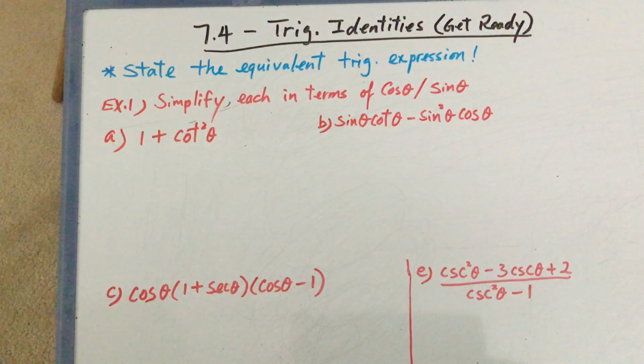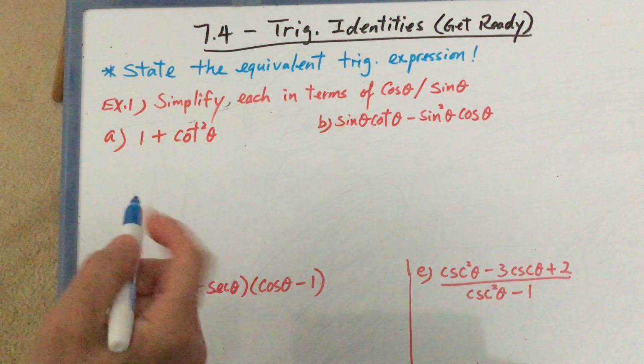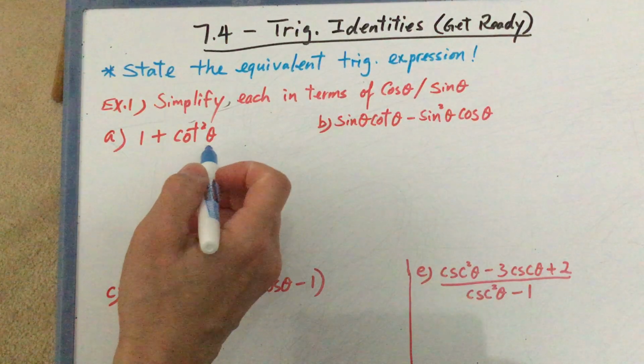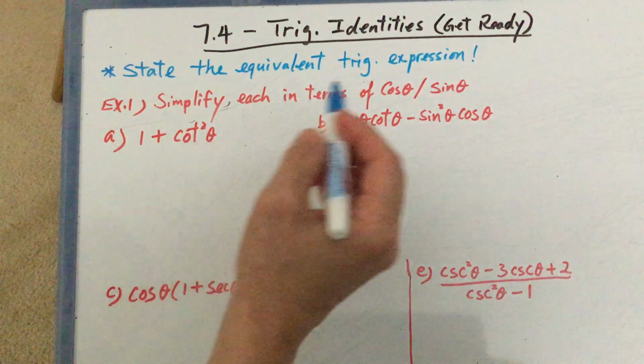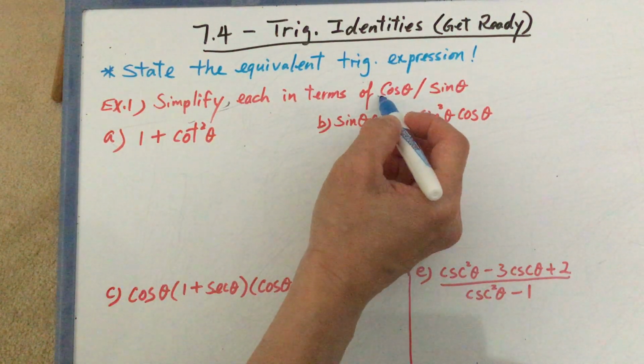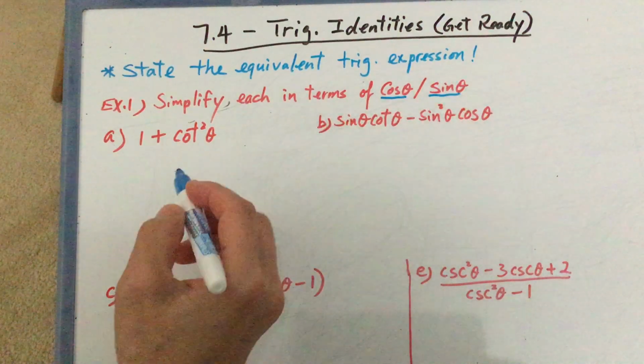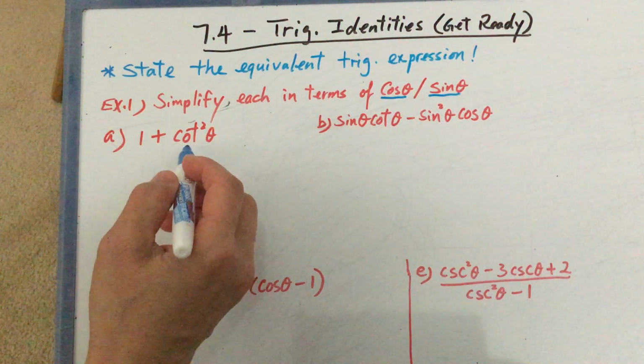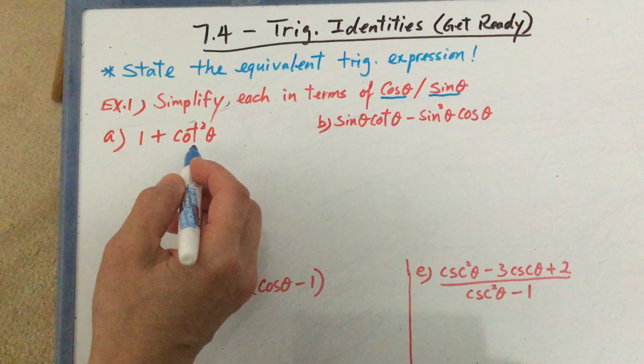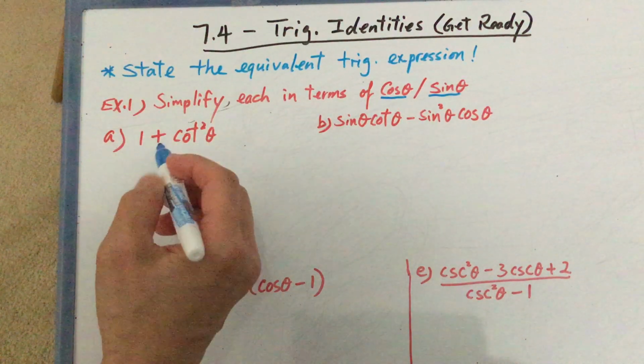Given question A, where we have 1 plus cotangent squared theta, because everything has to be converted in terms of cosine and sine, then obviously any of the reciprocal trig expressions we need to convert back to the primary.